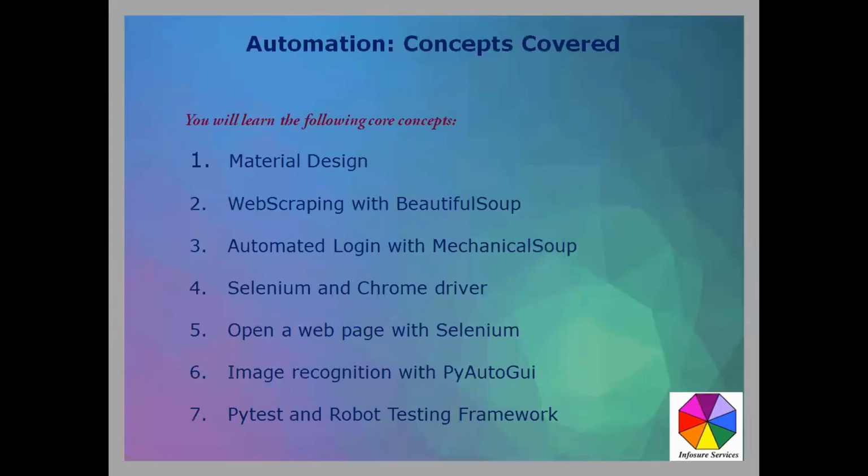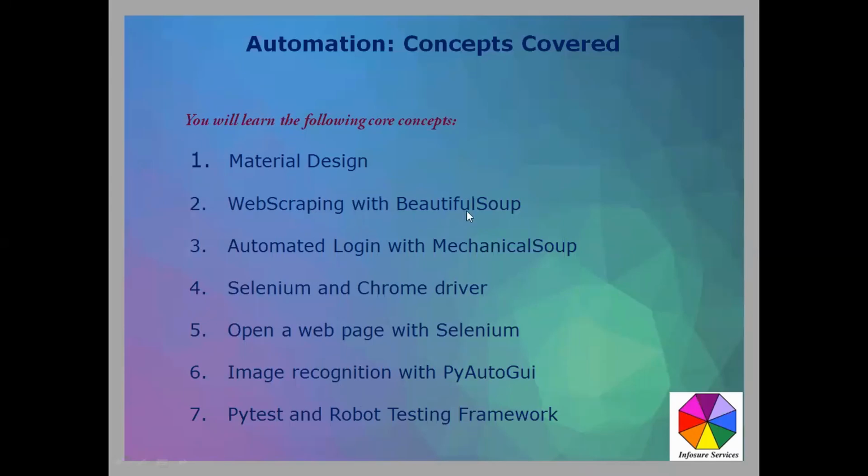The concepts of automation we are going to look at, I've just classified into these 7 topics. One, we'll go through some core concepts of material design. Again, don't be scared what it is. I will just introduce you there. There is one aspect with Python called web scraping, which is nothing but gathering data from websites.